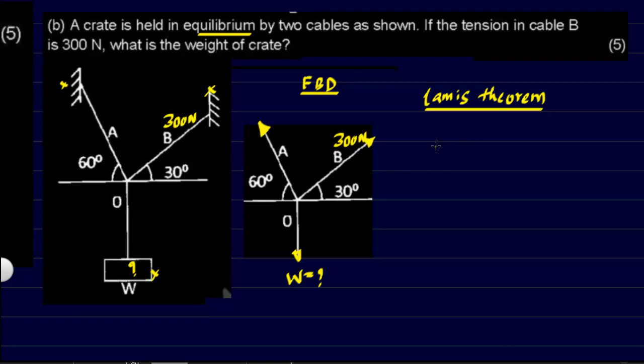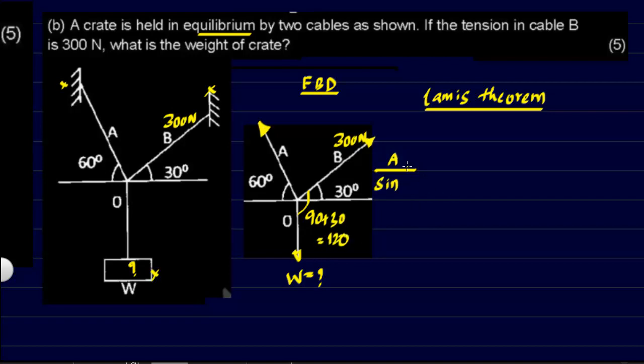So Lami's theorem itself says that for exactly three forces which are in equilibrium and coplanar, each force divided by the sine of the angle between the other two forces remains constant. So if we take the force A divided by the sine of the angle between the other two forces, that is W and B, we know it's going to be 90 plus 30, that's 120.